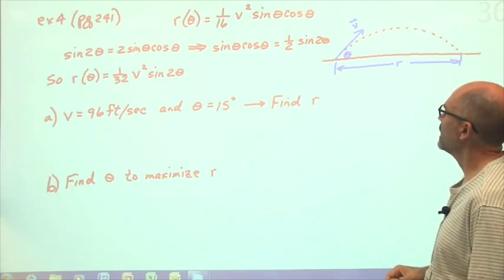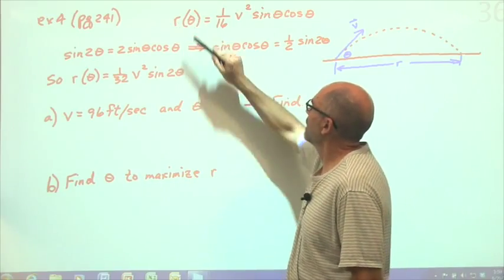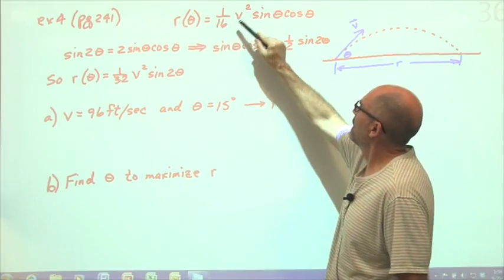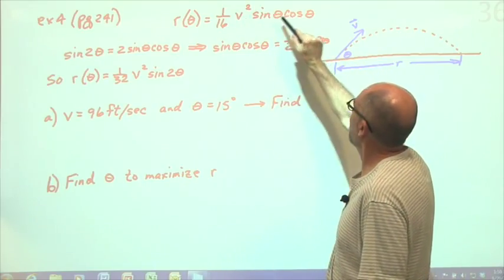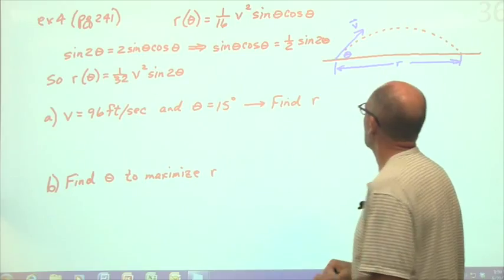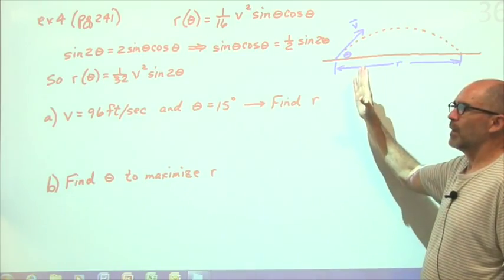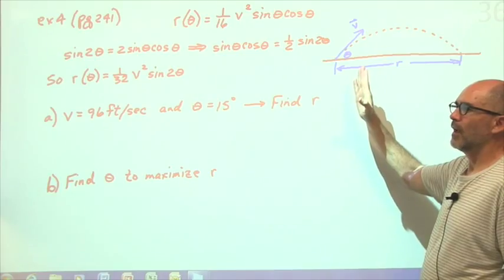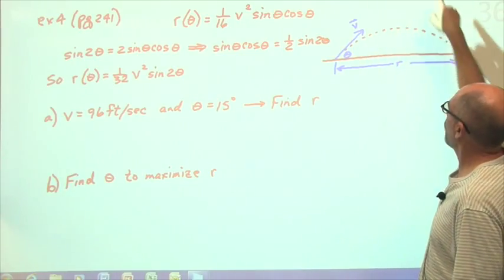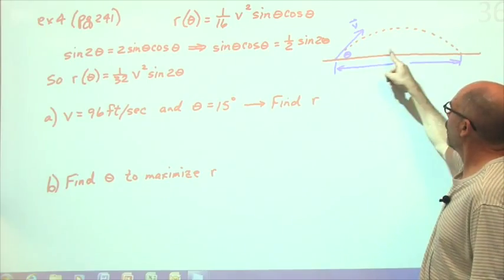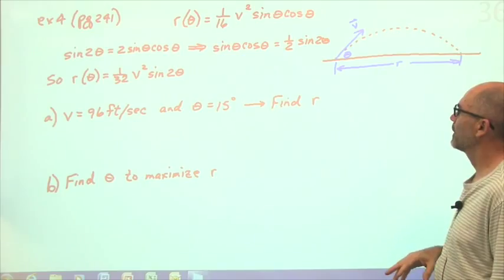Now we have the equation that r as a function of theta equals 1/16 v squared, the initial velocity, times sine of that angle times cosine of that angle. So in other words, if we propel something almost straight up, then it's not going to go as far. Or if we propel something almost horizontal, it's not going to go as far either.